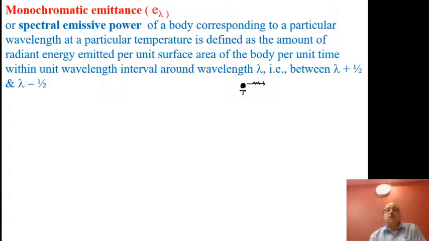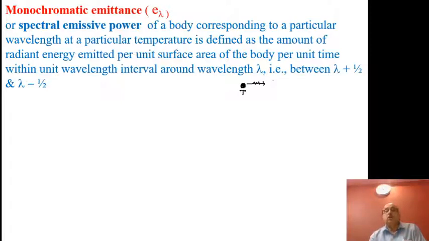This is the radiation energy emitted per unit surface area per unit time. The area of the body is unit and the time is 1 second, that is unit time, within the wavelength range of lambda plus 1/2 to lambda minus 1/2.